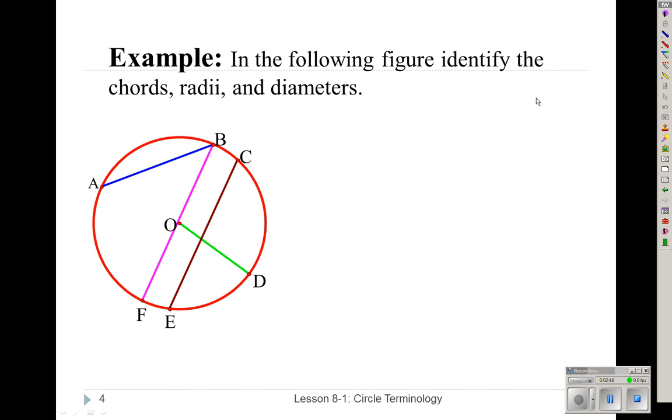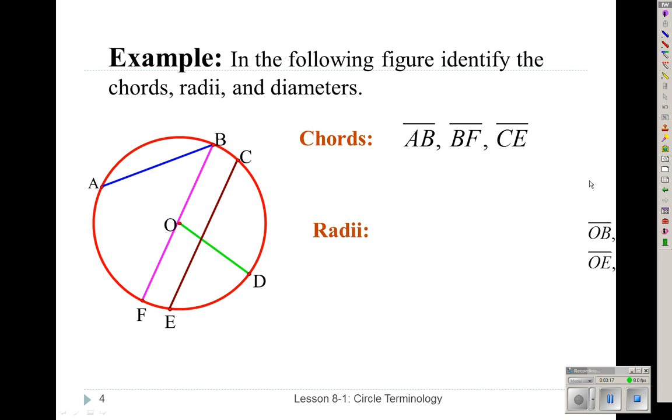So in this figure, let's identify the chords, the radii, and the diameters. Notice radii is the plural of radius. So what are the chords? Any segment that has endpoints on the circle, like segment AB, segment BF, and segment CE. The radii go from the center to the edge of the circle.